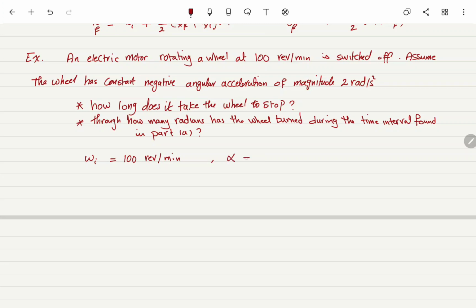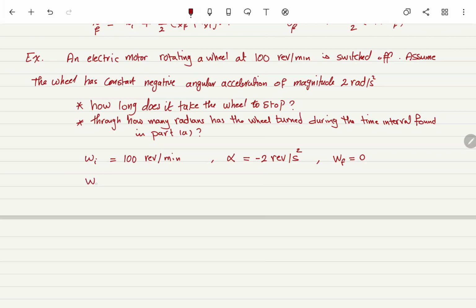So alpha in this case is equal to minus 2 rad per second squared. And since the electric motor is switched off, the final angular speed for this motor equals 0. So omega final equals 0. Now use equations of motion for rotational motion.